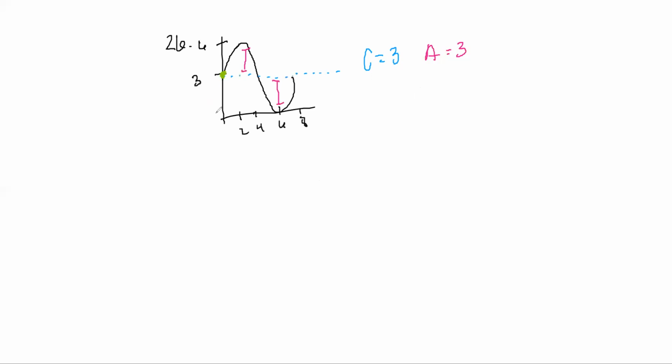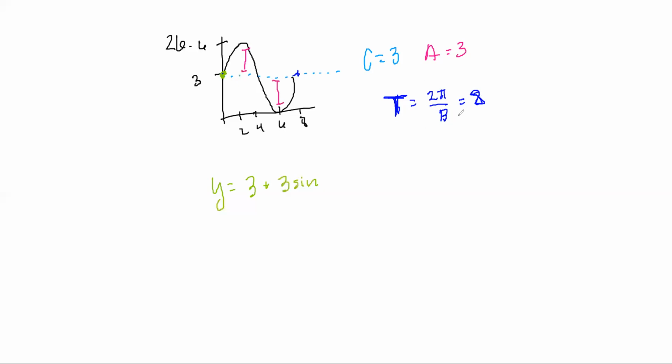So I'm going to put all of this together really quick. I'm going to say that y is equal to 3 plus 3 sine, and then we need to figure out our period. Our period T is equal to, we know, 2 pi over b. And we also know that we go through one period every 8 units. So x equals 8. So our period also equals 8, according to our graph. So 2 pi over b is equal to 8.